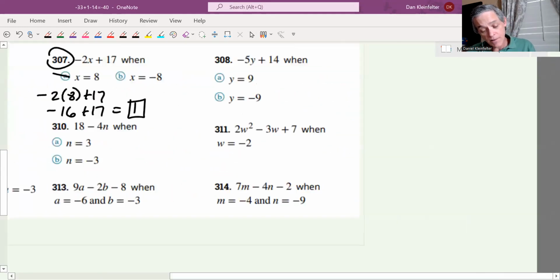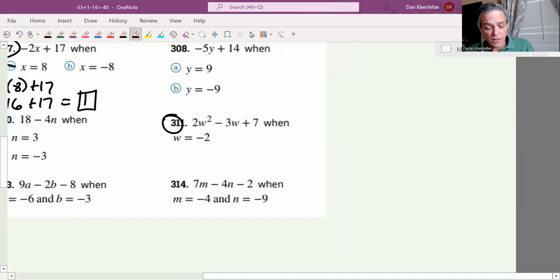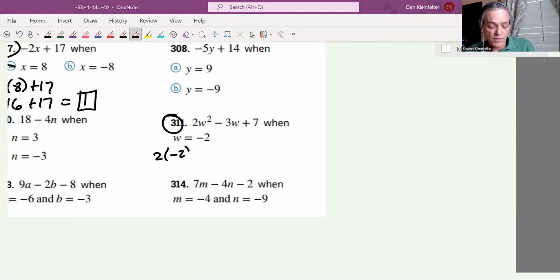Well, this 311 looks fun. Let's do that. 2w squared minus 3w plus 7 when w is negative 2. So we'll have 2 negative 2 squareds minus 3 negative 2s plus 7. Okay, the part in parentheses first. Negative 2 squared is 4. So we'll have 2 times 4.